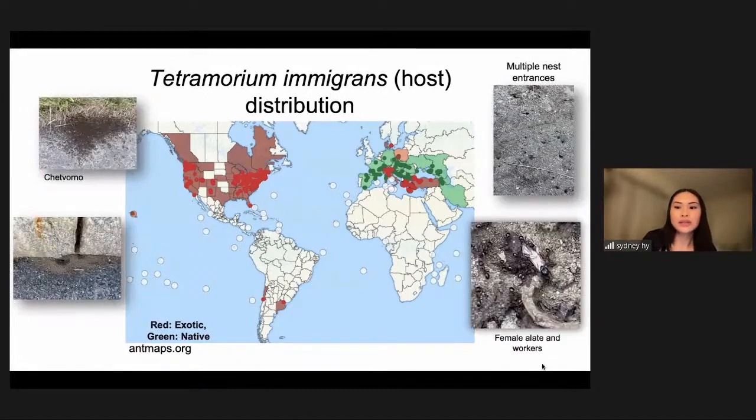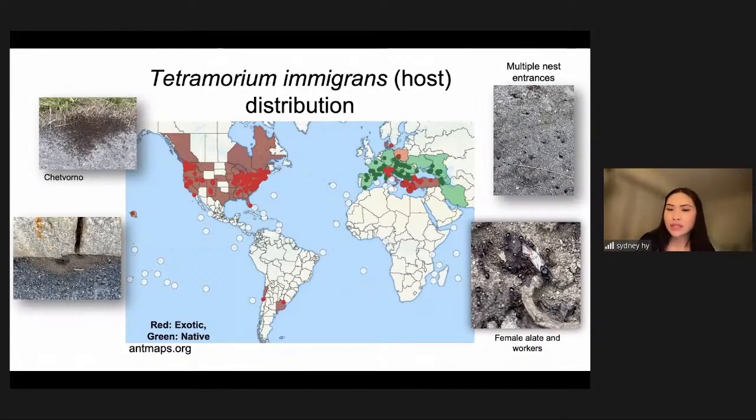And so their type locality is in the cracks of pavement or sidewalk, and they form these really large territory battles between neighboring colonies of the same species. So they're really good at detecting who's a nestmate and who's not.